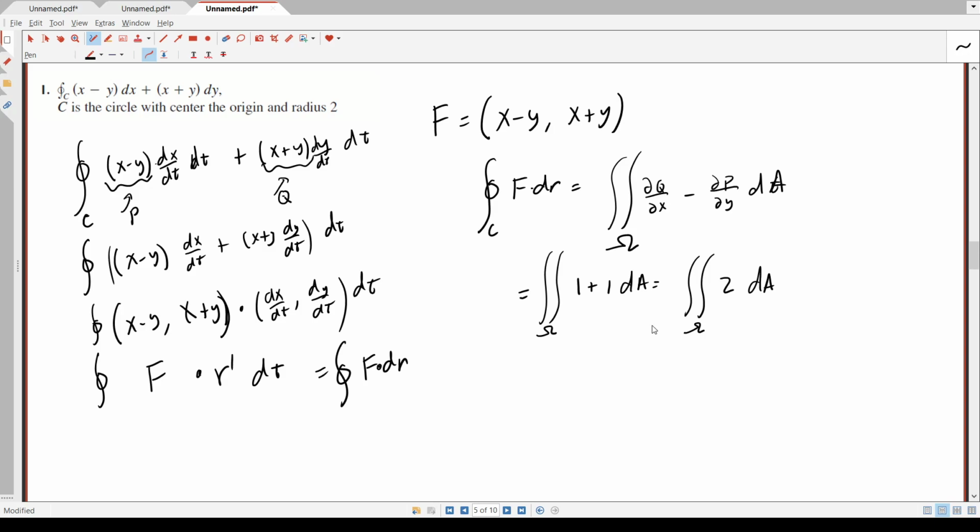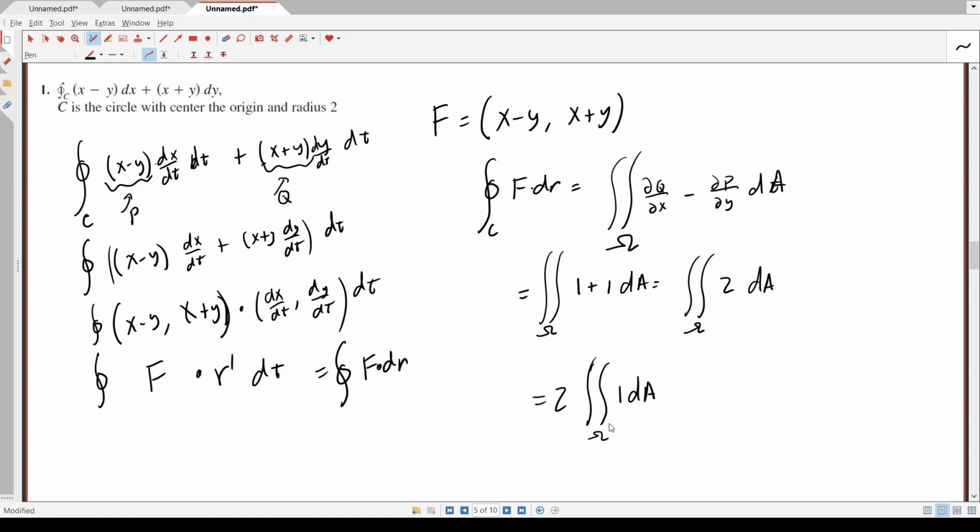This is actually really easy to compute. I don't need to actually do any integrating. If I bring the 2 out, I have the double integral of 1 dA. Does anybody recognize what this represents or why this would be easy to compute? Yes, pi r squared.